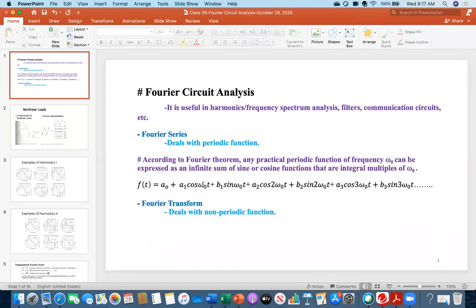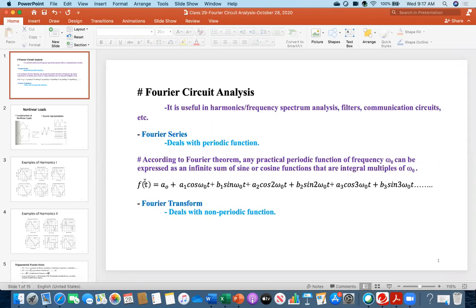Your target, your desire is to get this signal, A1 cosine of omega naught t, because it has that 60 hertz omega naught, like 2 pi f. Therefore, A naught and all the remaining terms are undesired. You don't want those signals. That is the necessity of Fourier circuit analysis.